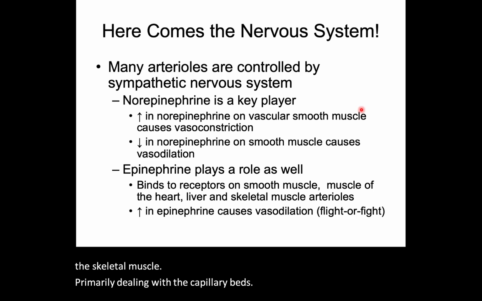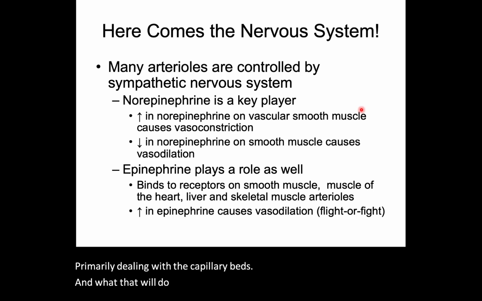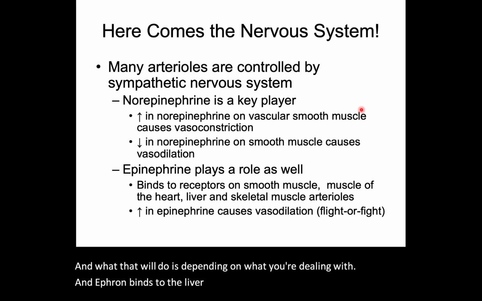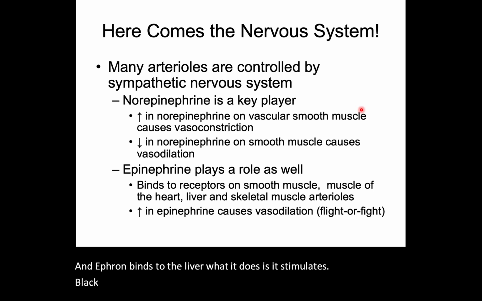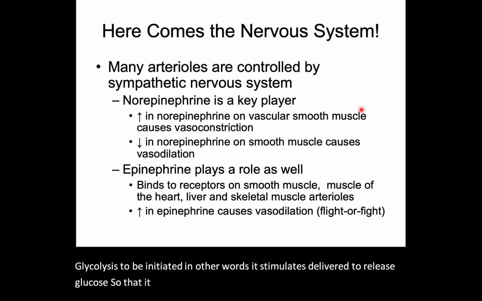And what that will do is, depending on what you're dealing with, if epinephrine binds to the liver, it stimulates glycolysis to be initiated. In other words, it stimulates the liver to release glucose so that it can be converted into ATP.